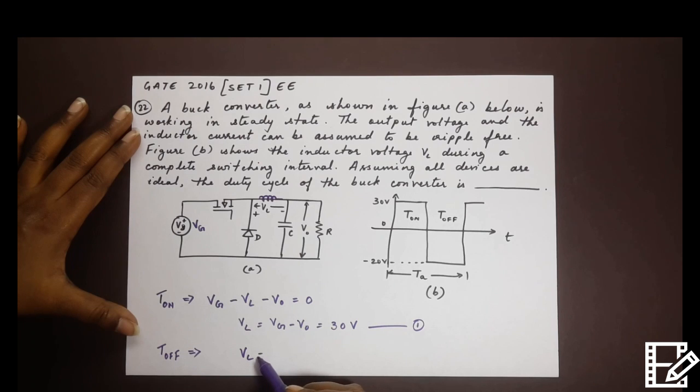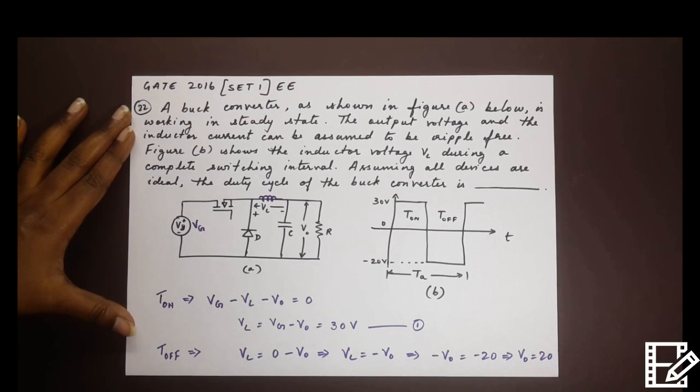VL would be equal to 0 minus V0, so VL is equal to minus V0. During T off, VL is minus 20. And this further implies that minus V0 is equal to minus 20, and that gives us that V0 is equal to 20.